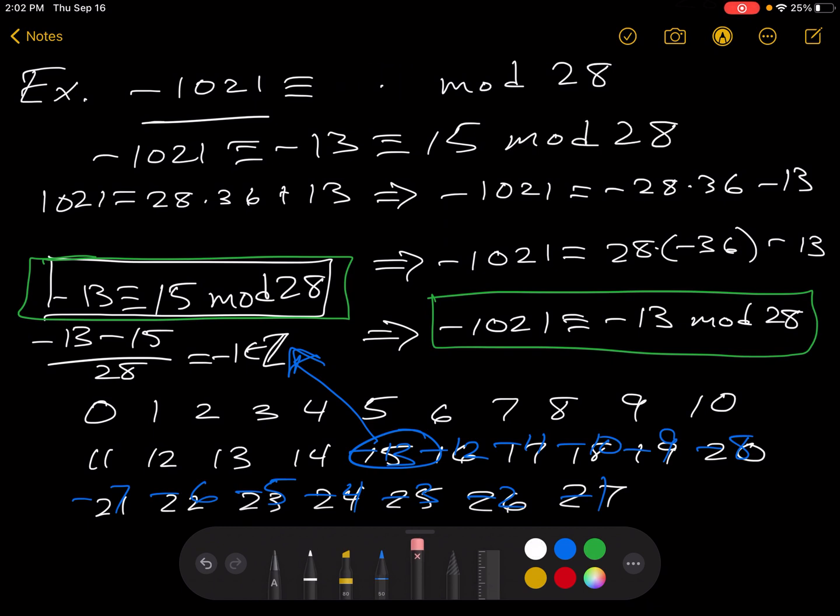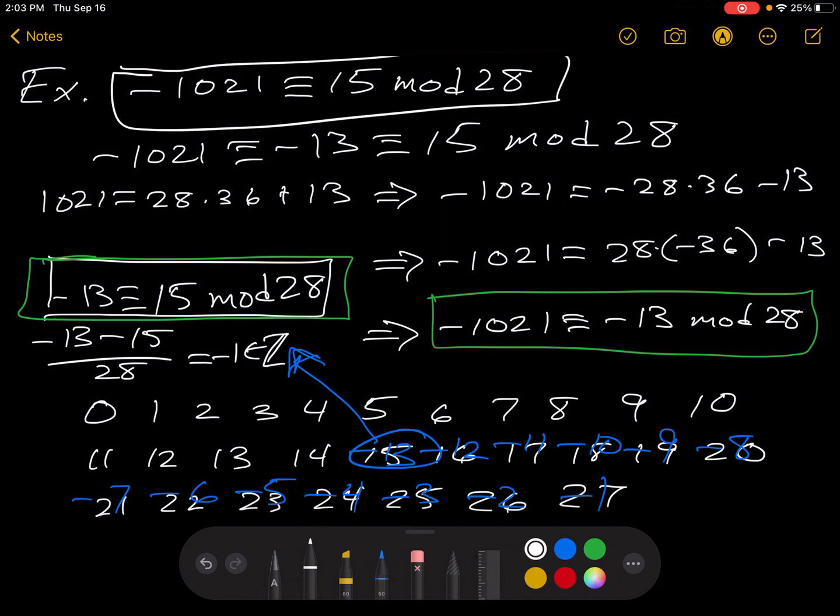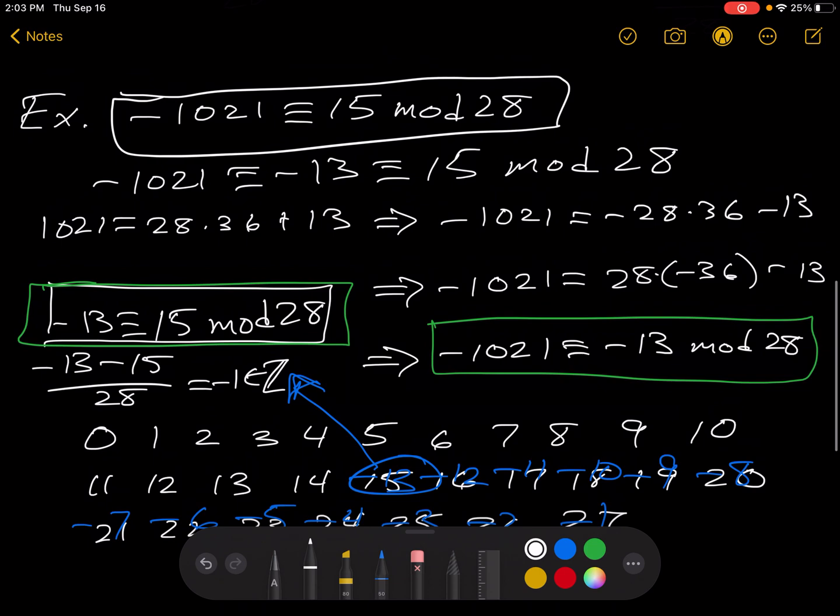So our answer is 15 mod 28. And that's it.